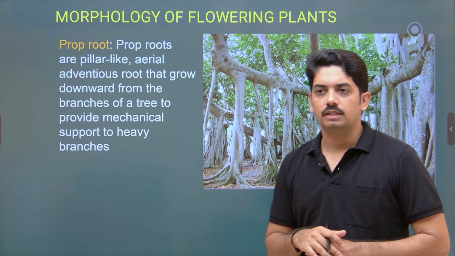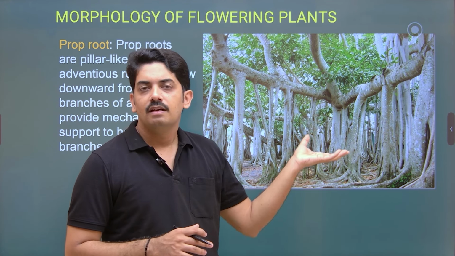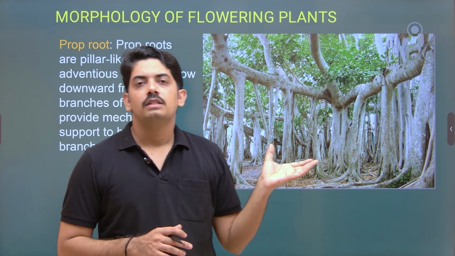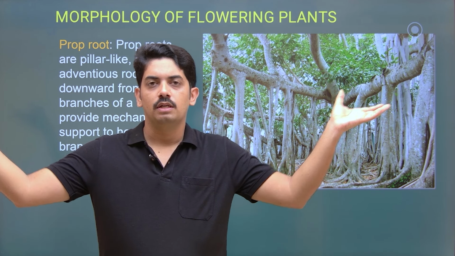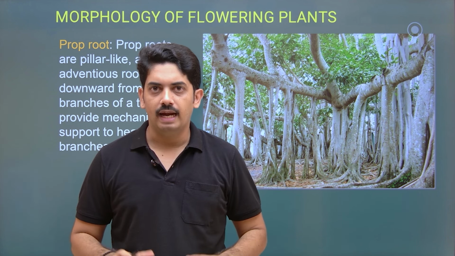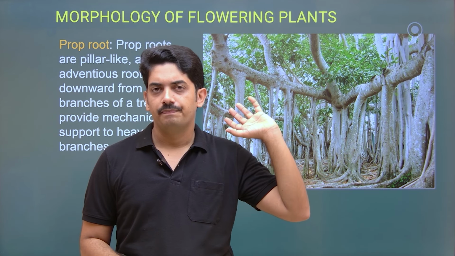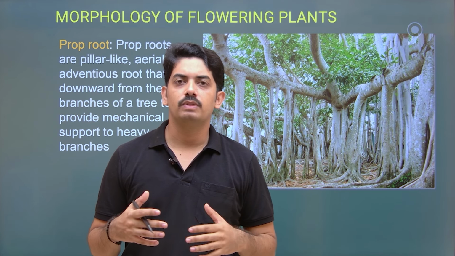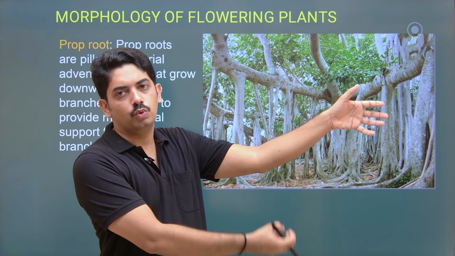Prop root, see, this is a very nice picture. Banyan tree. The canopy of the banyan tree is so large that one stem and the root system cannot support it. So this plant comes up with the adaptation that from the stem it produces roots.